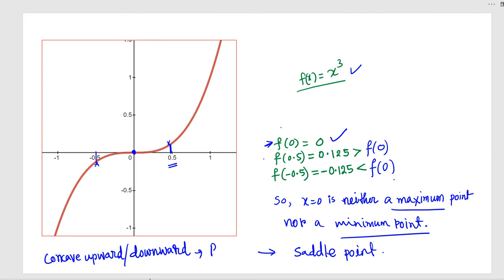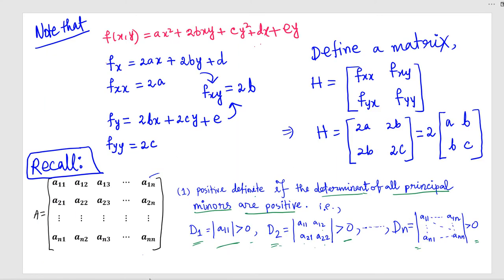We say point of inflection. So what happens here is that from f of 0, the functional value increases on one side, while on the other side it decreases. This is decreasing and here it is increasing. So if we have such a situation, then this point is said to be a saddle point. In fact, you will be amazed to know that there is a beautiful application of the saddle point. But that we'll discuss a couple of minutes later.